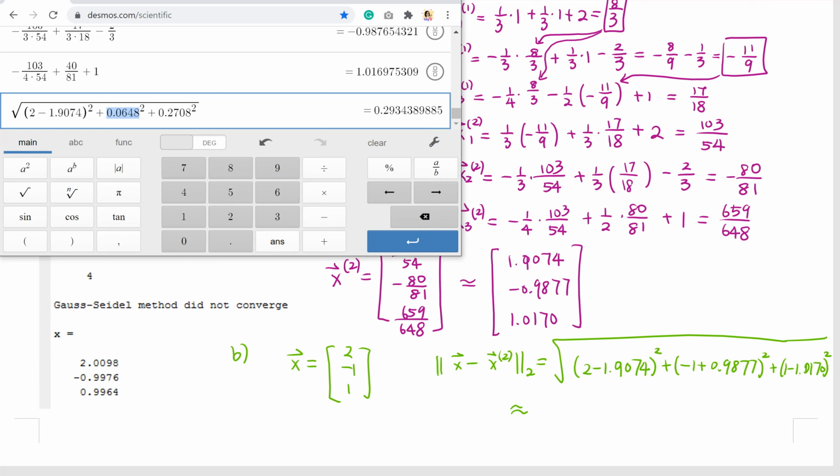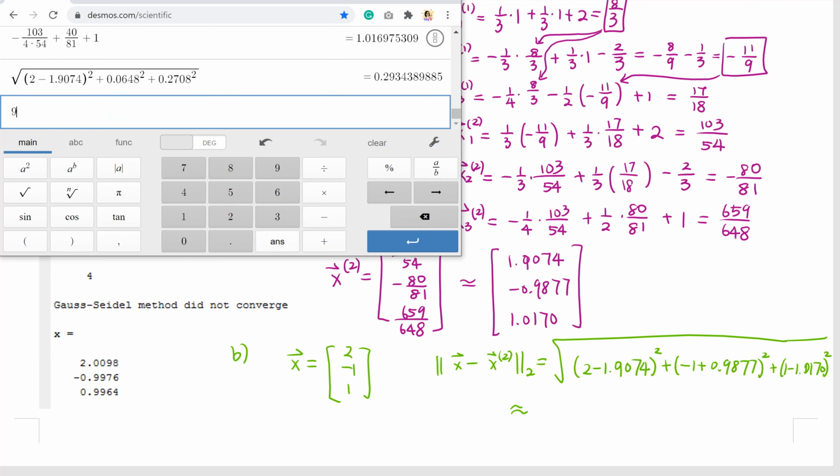Okay, we don't know what this is. So here we change to parentheses, 1 minus that number or that number minus 1 is the same thing because it is squared, so it's the same. 0.9877. And then last one, 1 minus that, so it is 0.017.